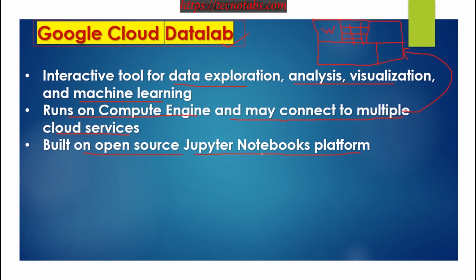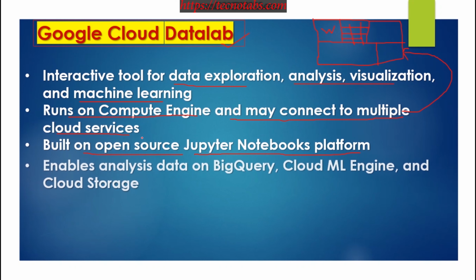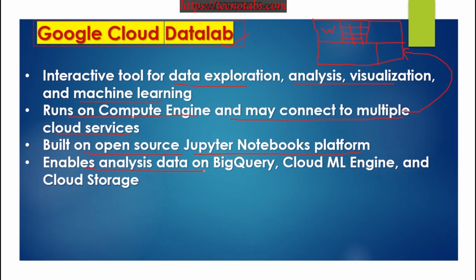So Jupyter Notebook is an open source project, and Google Cloud leverages this platform to make their own application, that is Datalab. Now it enables analysis of data on BigQuery, Cloud ML Engine, Cloud Storage, and many of the other GCP services. You can directly integrate with it, and whatever you integrate, you will be able to visualize the data related to that service.